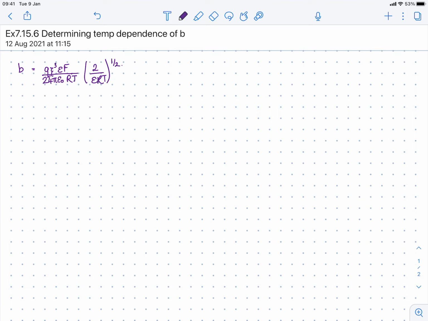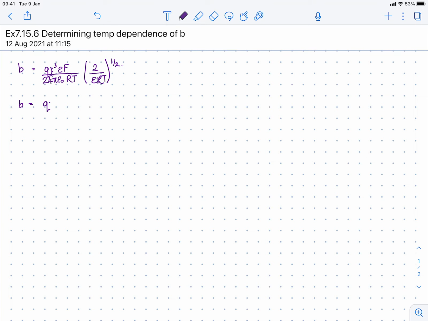Now, I always like to simplify things as much as possible, and there's a lot of constant terms here. So what I'm going to do is separate out my T's slightly from these constants just to make this clear. And then I'm going to rename my constants.